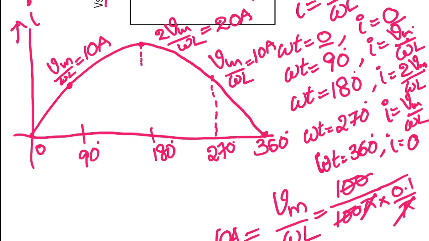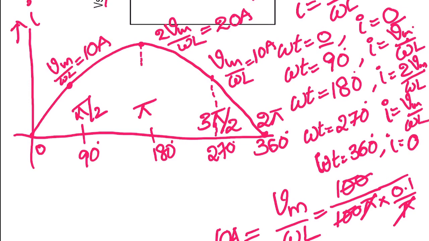Now, on the x-axis, you are getting 360 degrees, but the examiner may give it in terms of degrees, in terms of radians, or in terms of time period. If I take it in terms of radians, this value will be pi by 2 radians, this is pi, this will be 3 pi by 2, and this is 2 pi.